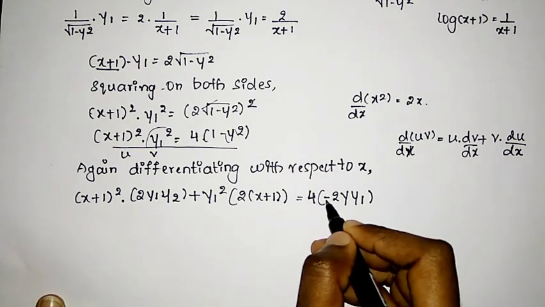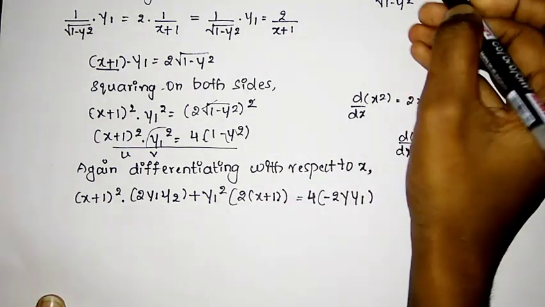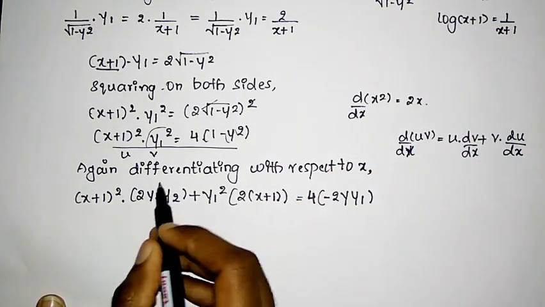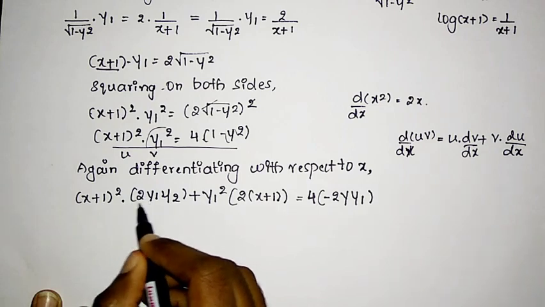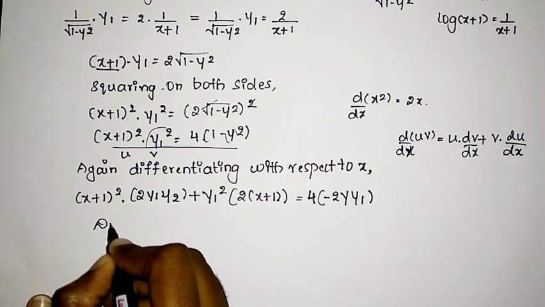After that we need to remove the 2, because we need to prove x plus 1 whole square, and we need to eliminate this 2. For that purpose we need to divide by 2.